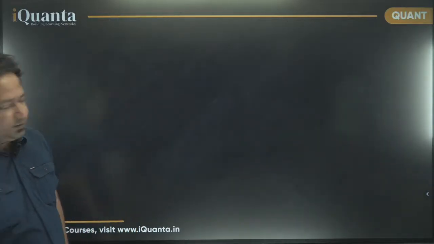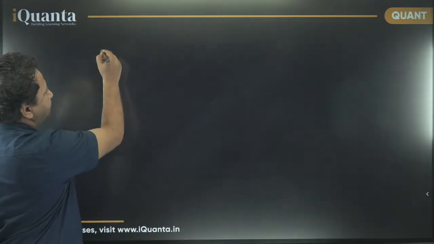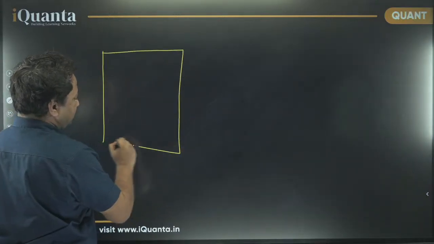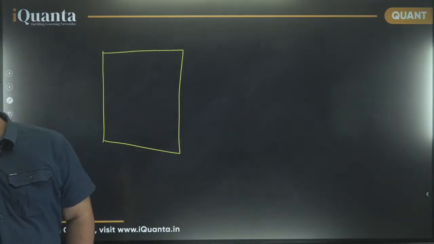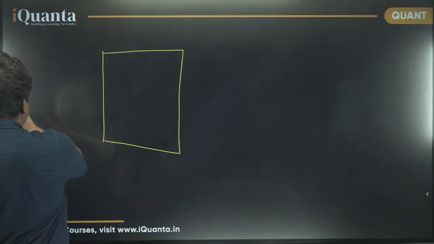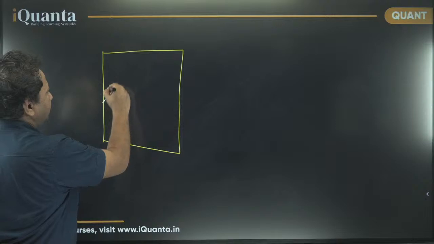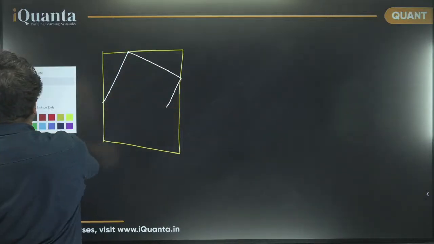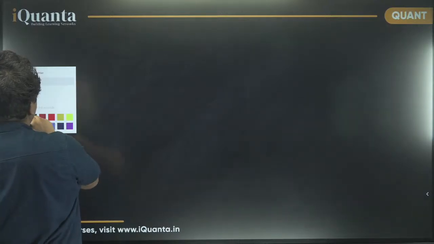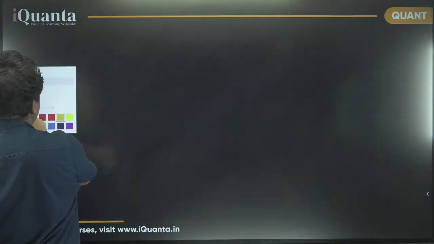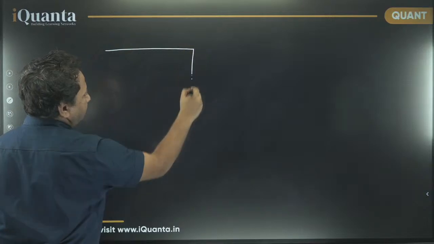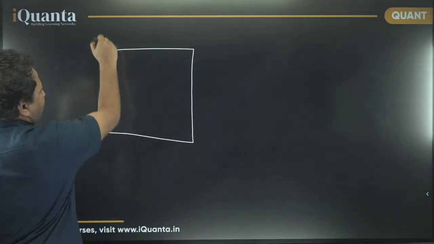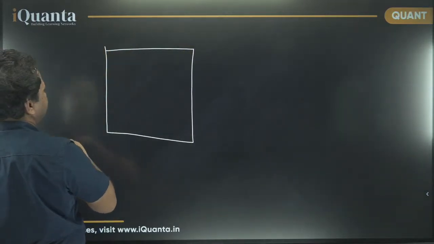I have a square. And I put another square here. This doesn't look like a square. Let me make a proper square. This looks like a square.